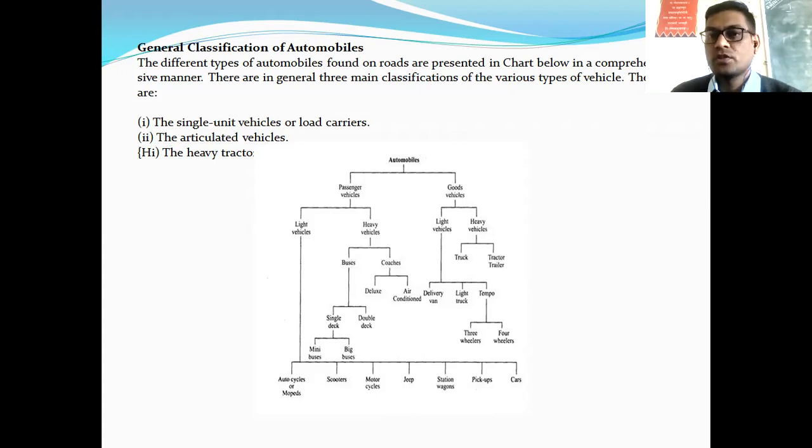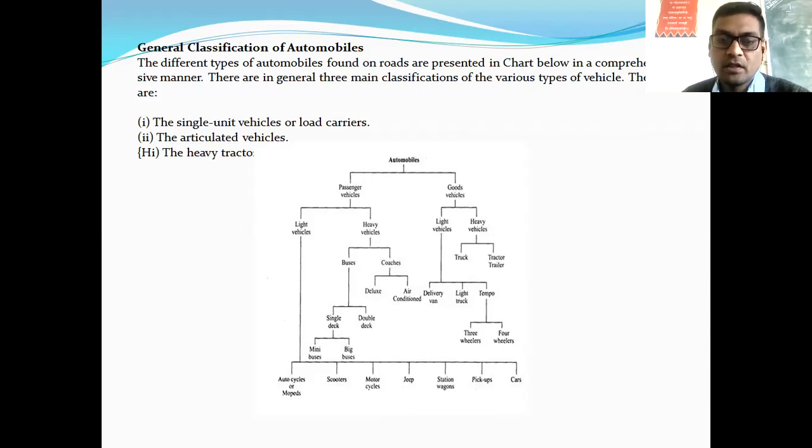The automobiles which we generally see on the road in our daily life are mentioned in the form of a chart. As you can see, automobiles are divided into two parts, passenger vehicles and goods vehicles. First of all, passenger vehicles.